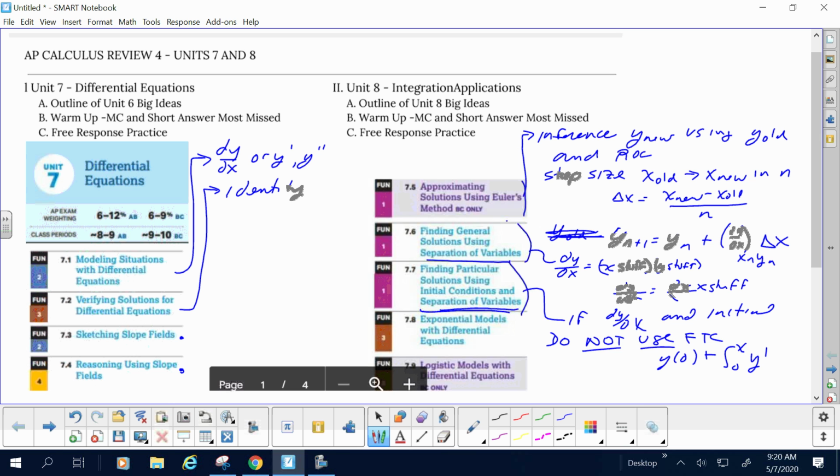This is not separation of variables. It's often not the case that the function is based in the dependent variable, which is only what the fundamental theorem is used for. Do not use it, okay? If the equation is a differential equation, then separate the variables and get a plus c and use the initial condition to find a plus c. Do not use the fundamental theorem, understood?